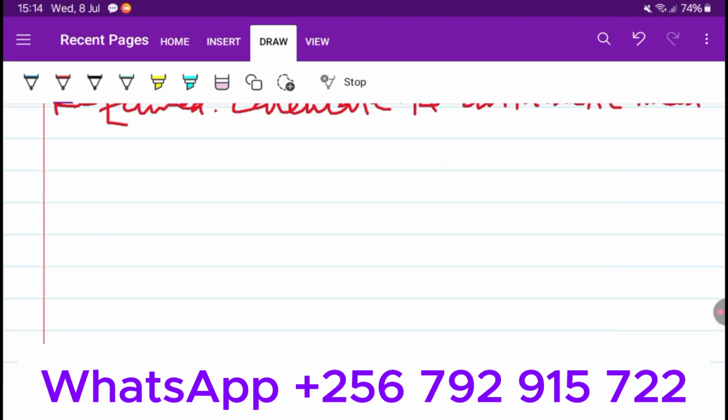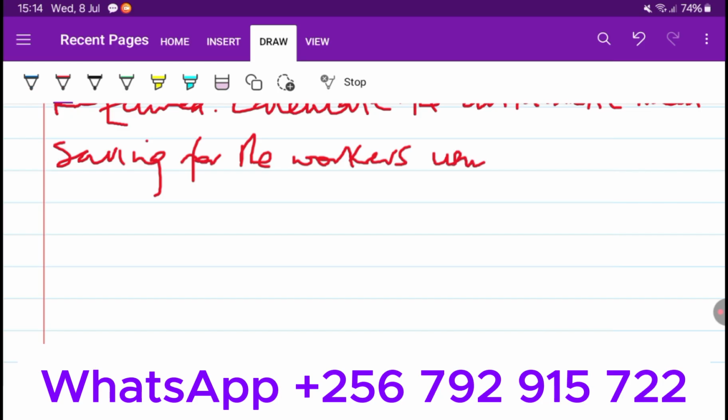They want us to calculate the arithmetic mean saving for the workers using the assumed mean method.